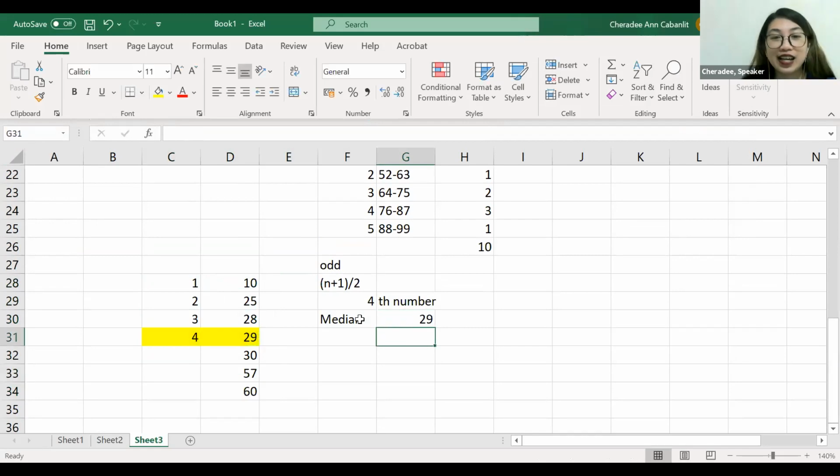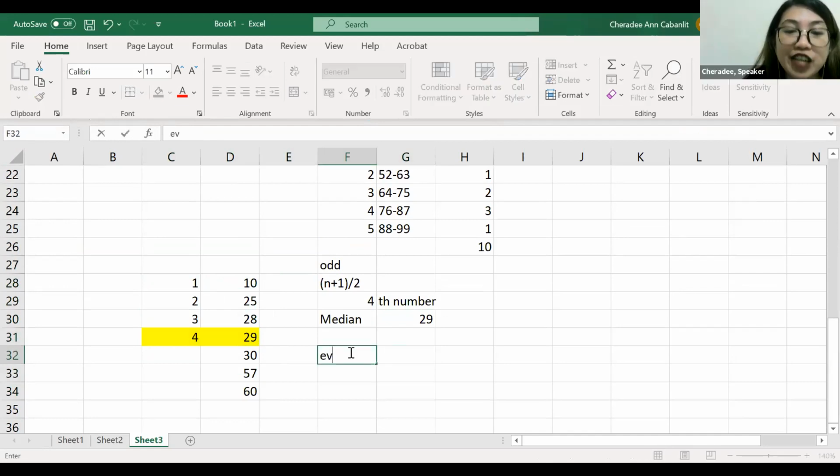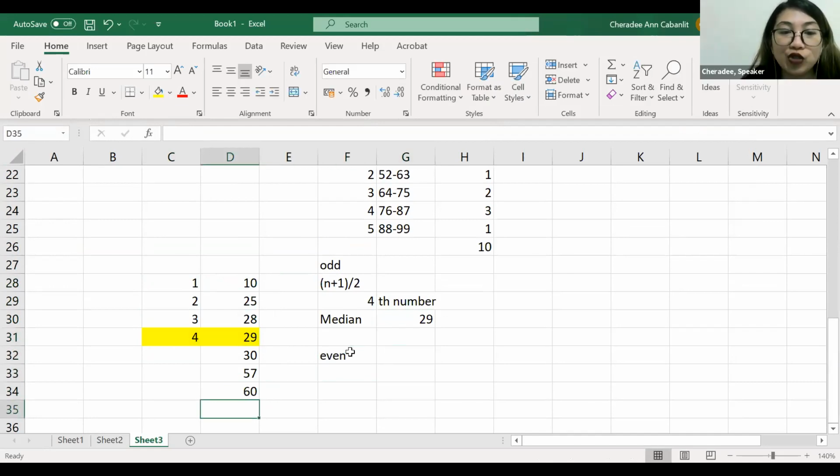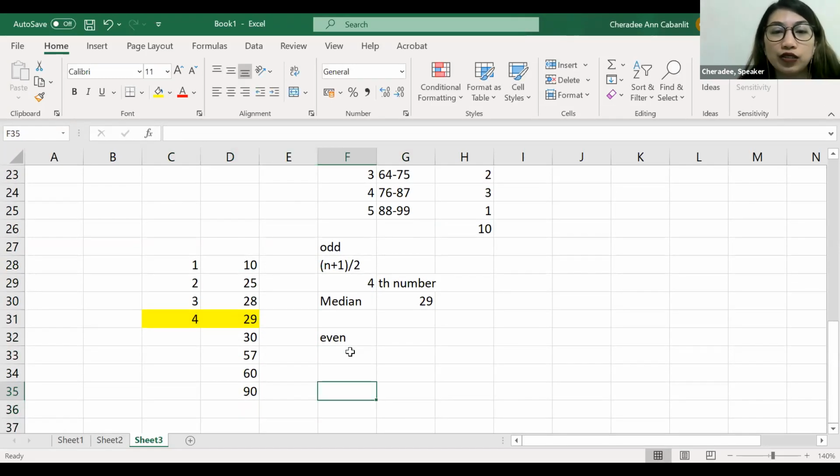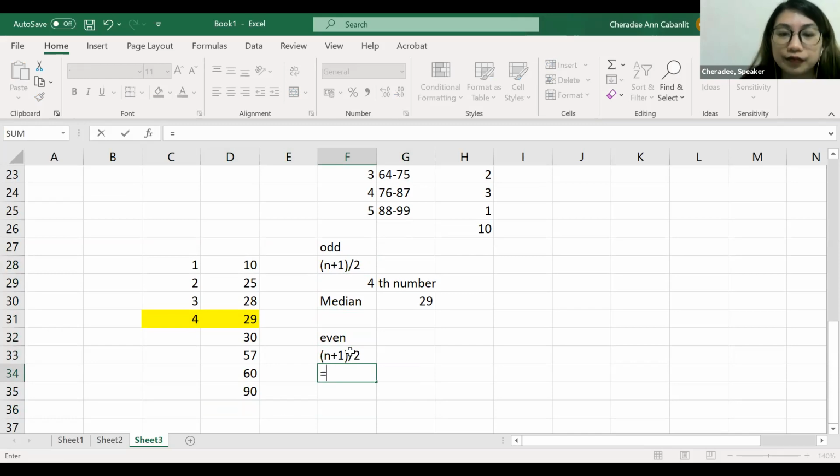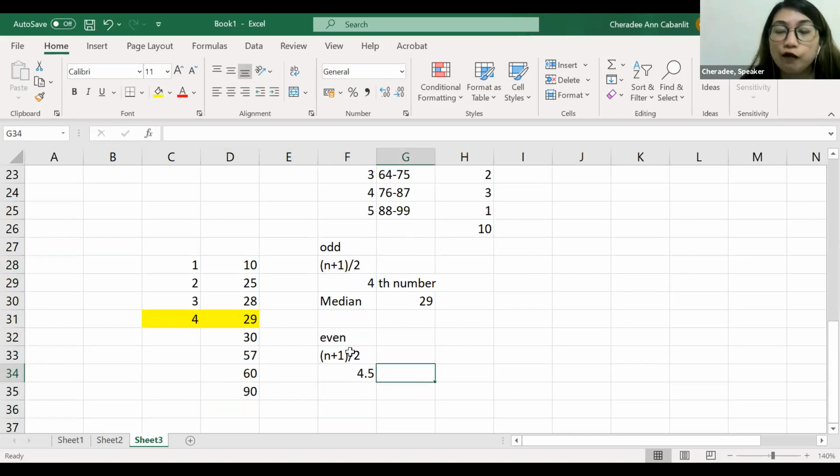Now, if it becomes an even number, let's say I add one more to make it 8, let's say 90. It's still the same, n plus 1 divided by 2. So that's 8 plus 1 divided by 2, which is 4.5.